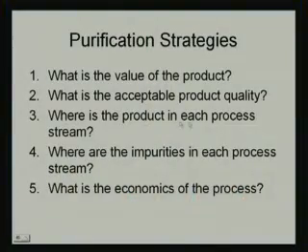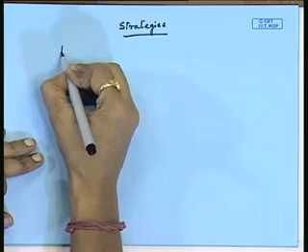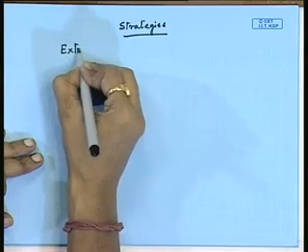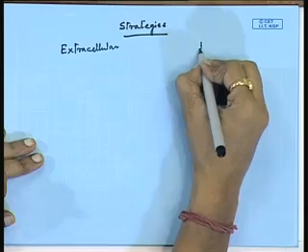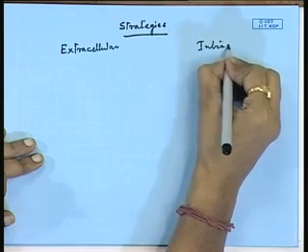The third question we should know is, where is the product in each process stream? This is very important. Suppose we are going for the extracellular product, and if we are going for the intracellular product.